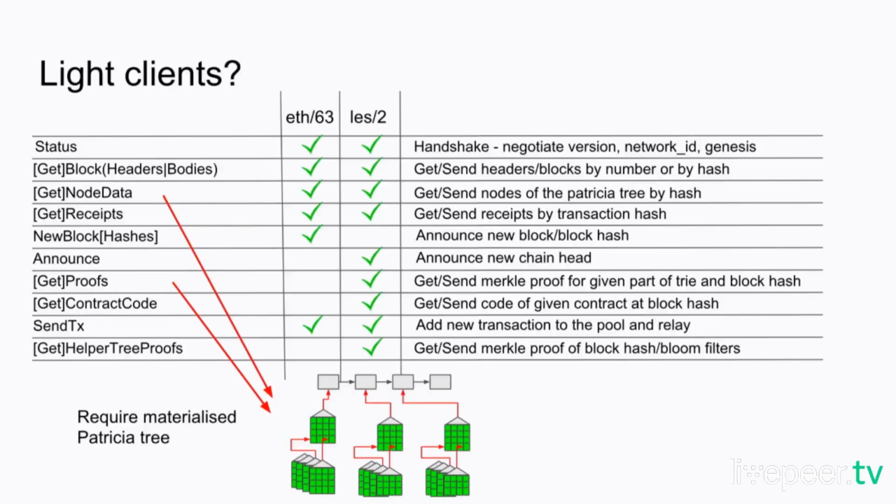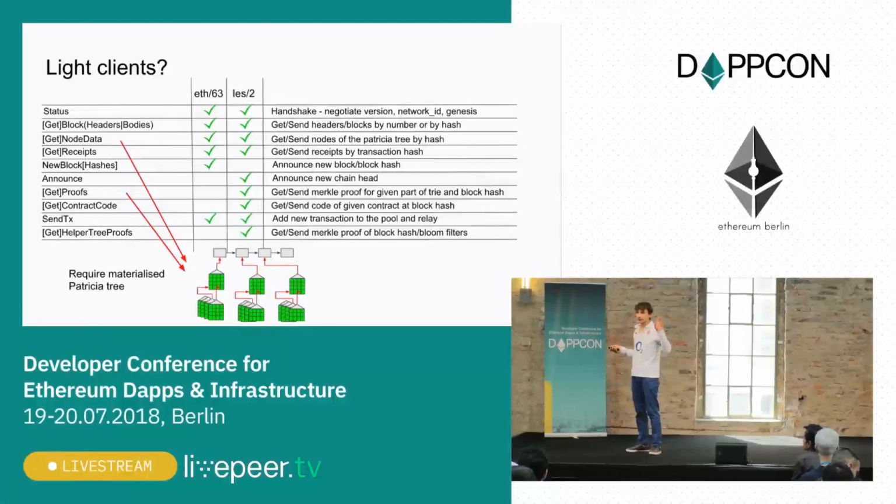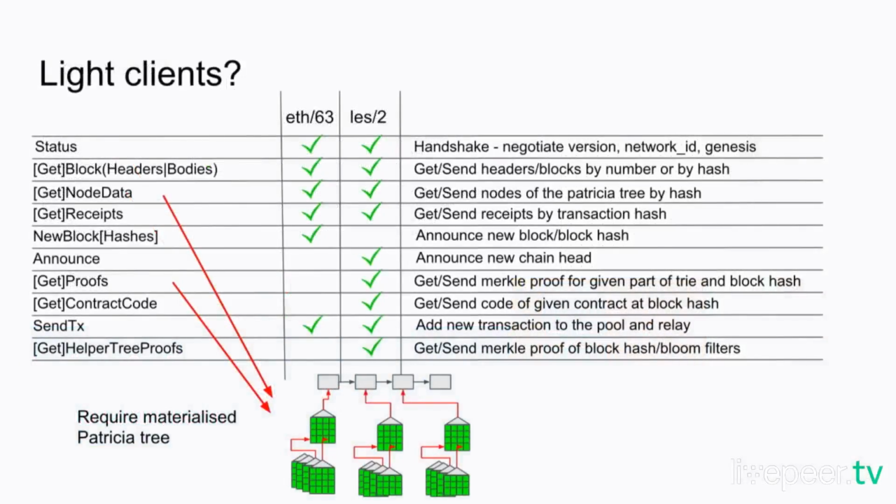These are the two devp2p protocols that are running in the Ethereum network. One of them is supported by the usual nodes, another by light nodes. I looked at each of them and tried to figure out which one I can support quite easily and which one I cannot at the moment. The ones I cannot support at the moment are this one and this one.